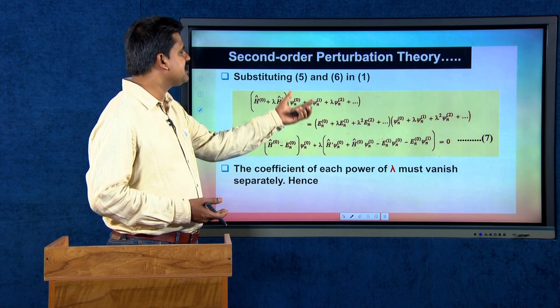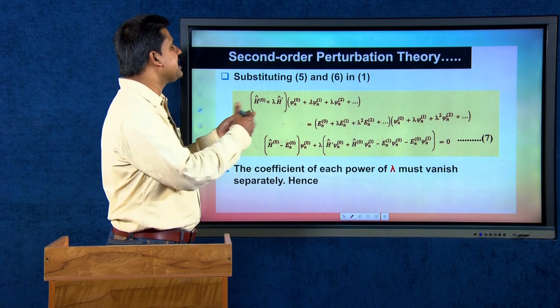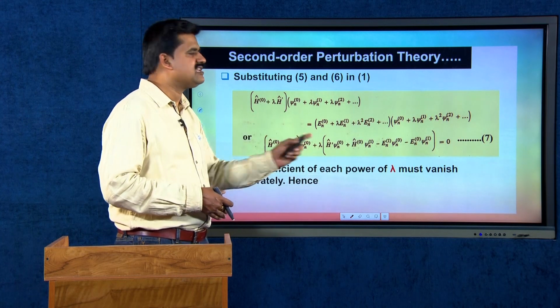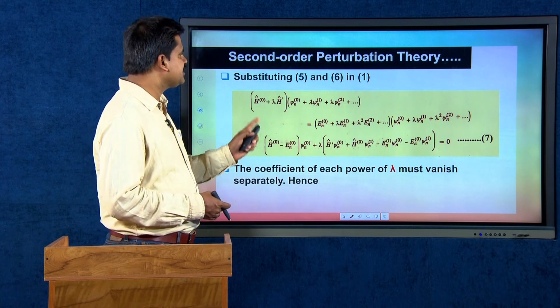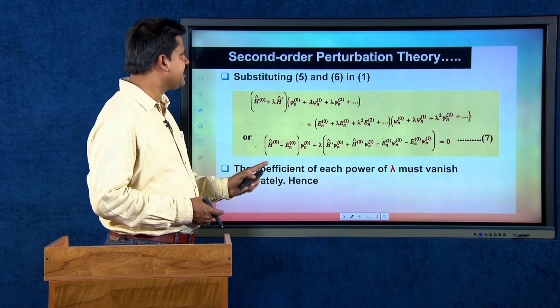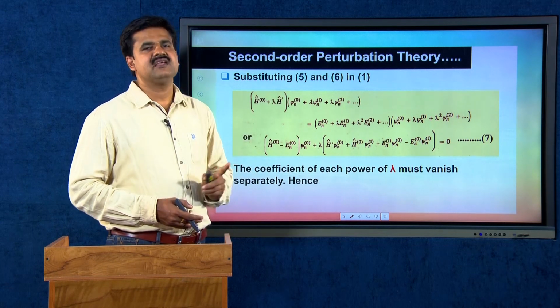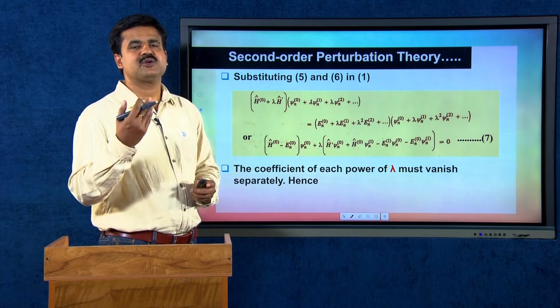This is obtained from the lengthy equation on rearrangement, and this is equation 7, obtained by putting equations 5 and 6 in the original equation, Hamiltonian psi is equal to E psi.